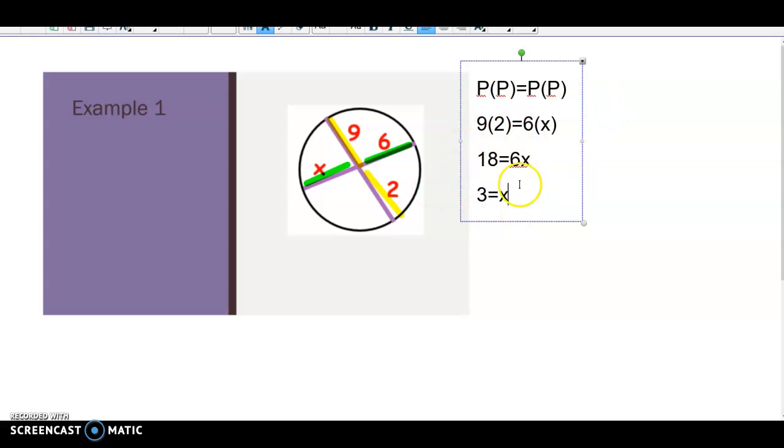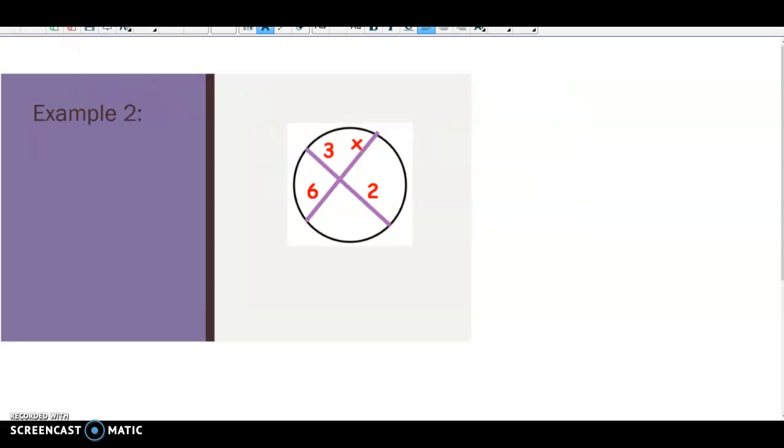So the algebra part is easy. We know how to solve those types of equations. The challenge, or the geometry standard, really is focused on understanding the relationships between these 2 chords. Let's look at this example. Again, the first thing I'm going to do is identify the 2 different parts. So I have this part and this part, and then I have this one and this one.